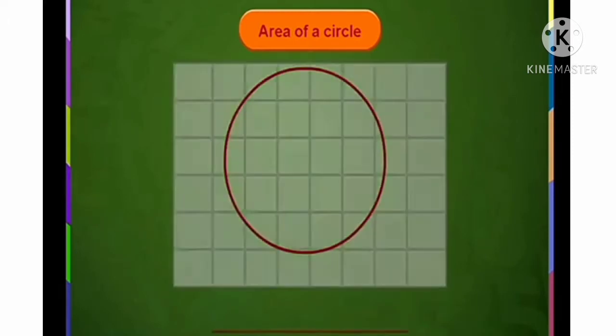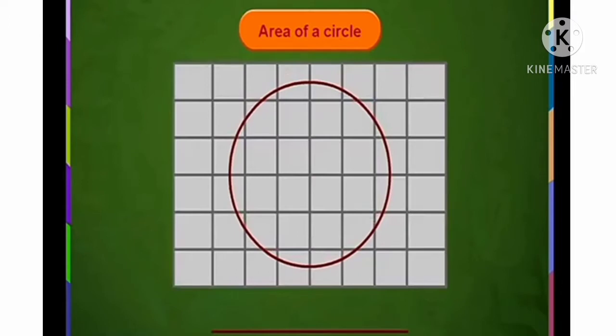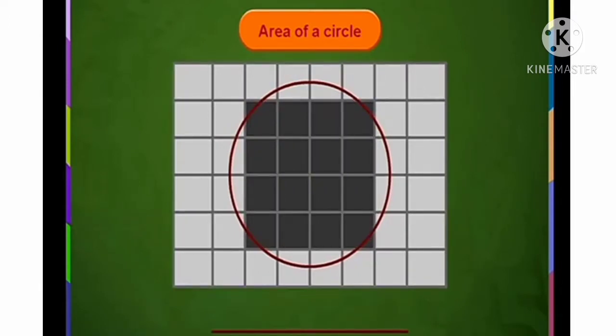If we place a circle on a grid paper and count the number of squares on the grid, we get the area of the circle in square units. Observe the figure shown on the screen. If each square is 1 centimeter, then the area of the circle is 16 square centimeters.